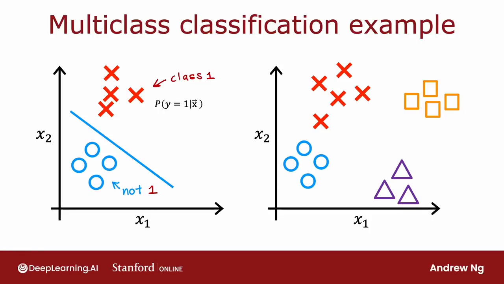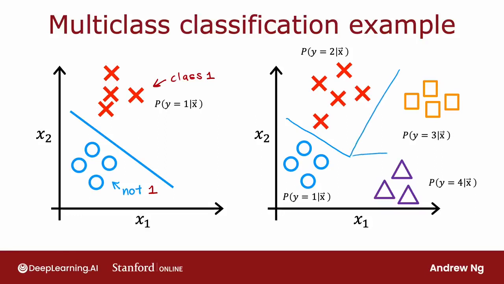And instead of just estimating the chance of y being equal to 1, we'll now want to estimate what's the chance that y is equal to 1, or what's the chance that y is equal to 2, or what's the chance that y is equal to 3, or the chance of y being equal to 4. And it turns out that the algorithm you learn about in the next video can learn a decision boundary that maybe looks like this, that divides the space x1 and x2 into 4 categories rather than just 2 categories.